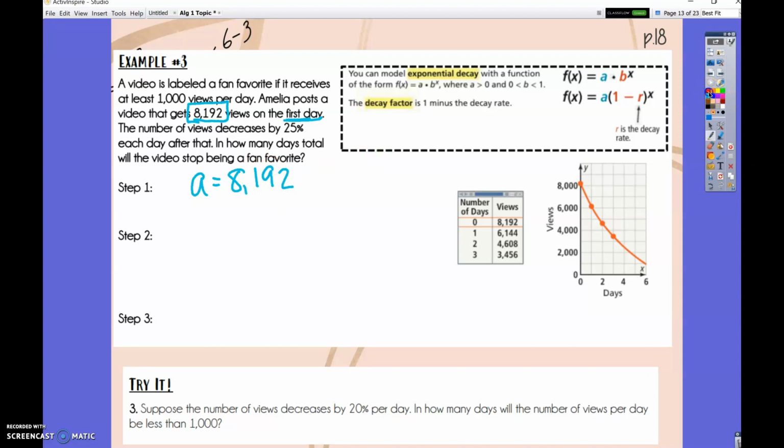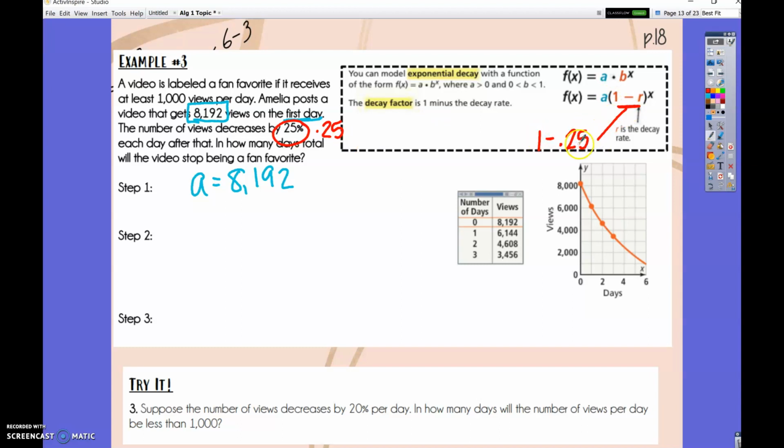We see a rate, we see a percentage here. We're going to use this number. So when our rate is 25%, we know that's a 0.25. So we have, it's decreasing though, because remember when it first is posted, it's amazing. The views are going to go down because people have already seen it. So for our B value, our rate, we're going to use 1 minus the rate of 0.25.